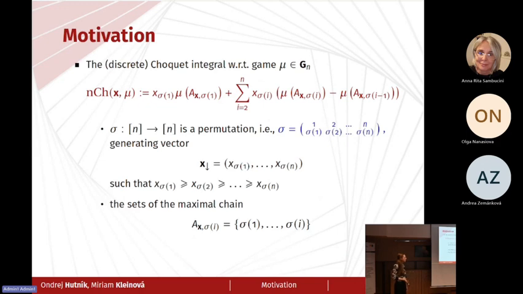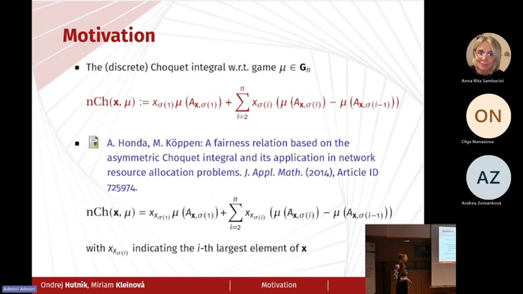The first one is the permutation, which rearranges the input vector in non-increasing way. The second is the set A with indices x and sigma. These sets create a maximal chain, which has this form.